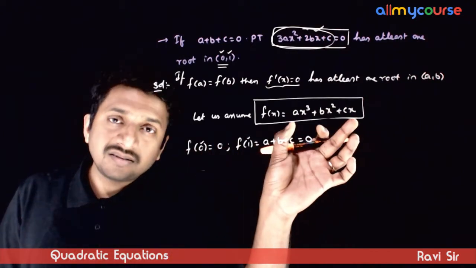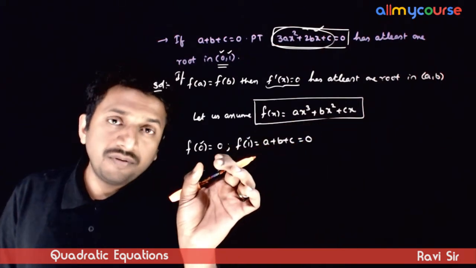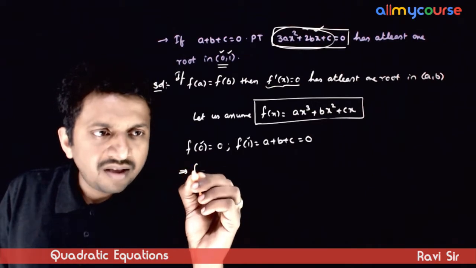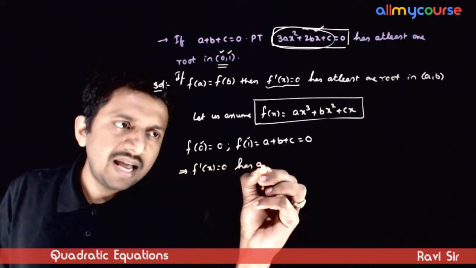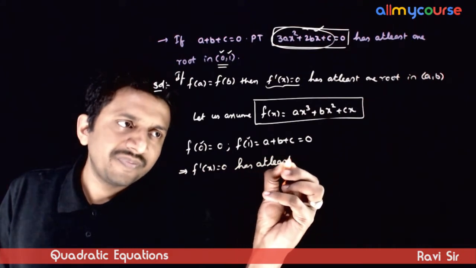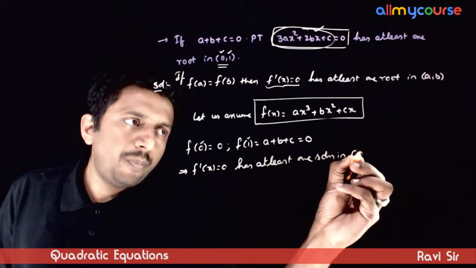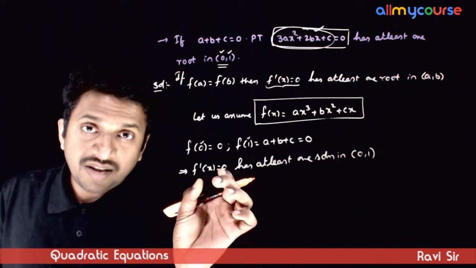Now this is a polynomial function, a cubic, and f(0) = f(1). So what does this imply? f'(x) = 0 has at least one solution in the open interval (0, 1). So what is f'(x)?